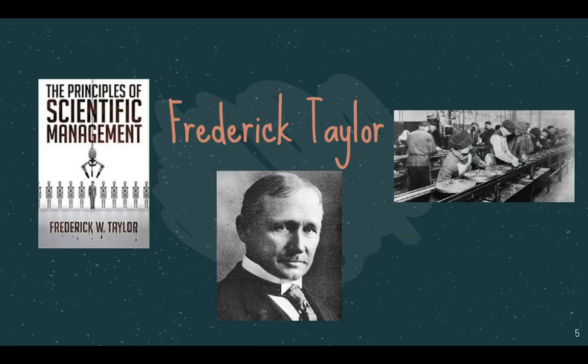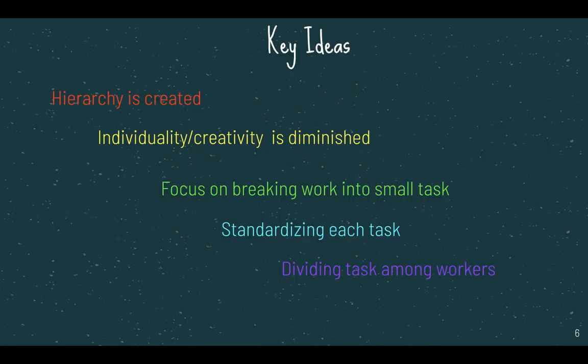So we begin with Frederick Taylor, who set the foundation from the scientific management field. He looked at how to make things the most efficient in the workforce, really going into organizations and identifying through time and motion studies how you complete tasks.